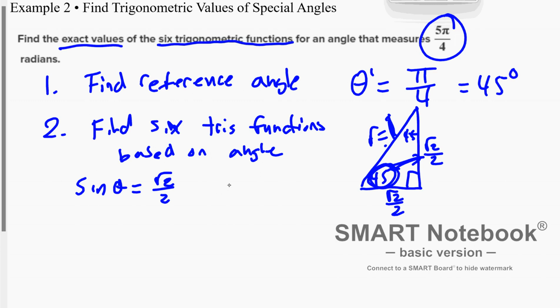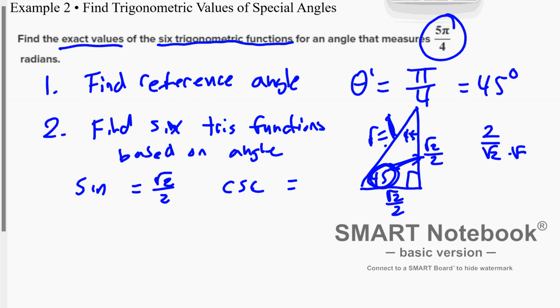Then the reciprocal of that would be flipping it, right? So cosecant of our angle, or actually you should probably write 45, we'll put that back in there, would be flipping that, so 2 over root 2.